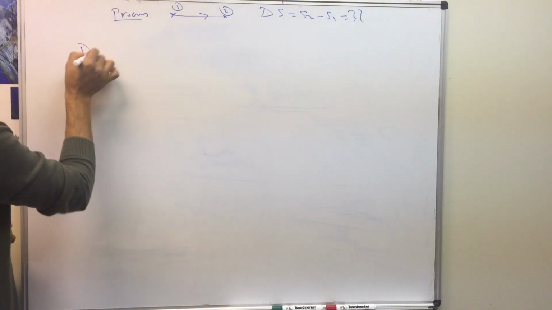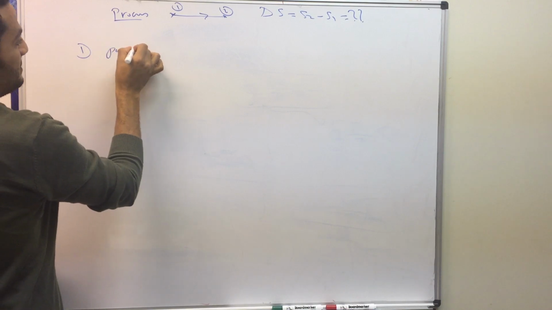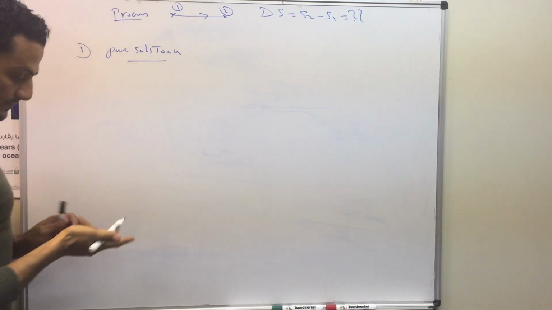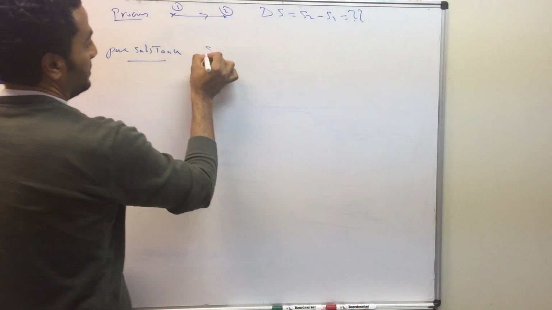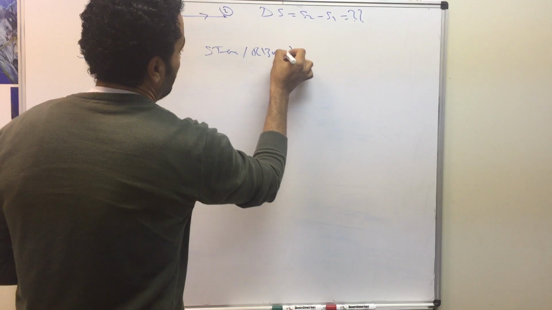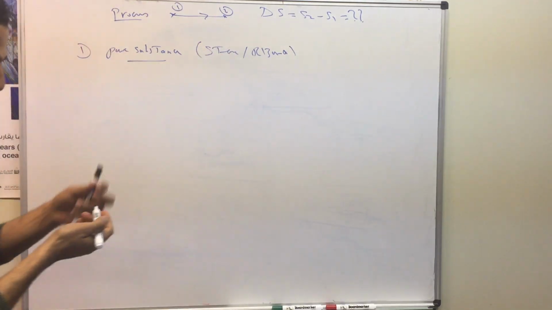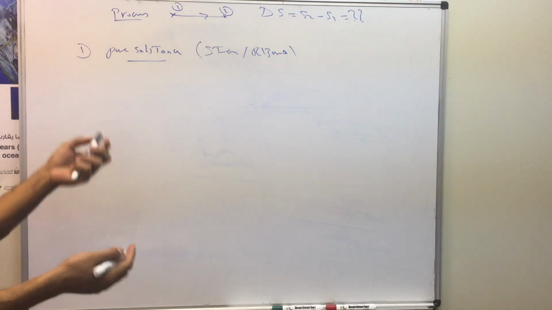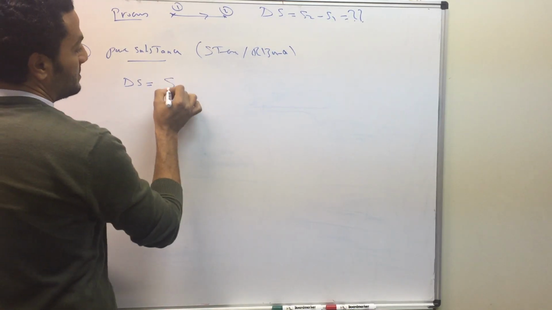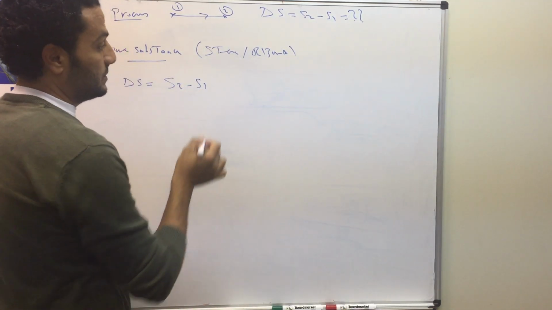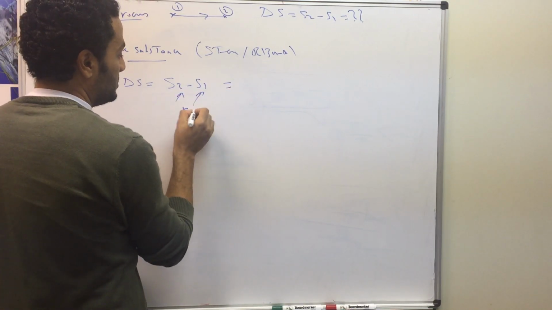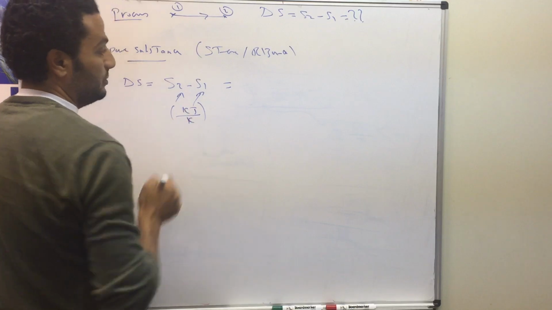First of all, if we have a pure substance with a table, like steam or refrigerant 134A, and the system undergoes a process from an initial state to a final state, then delta S will be just S2 minus S1, which is the total entropy, measured in kilojoule per Kelvin.